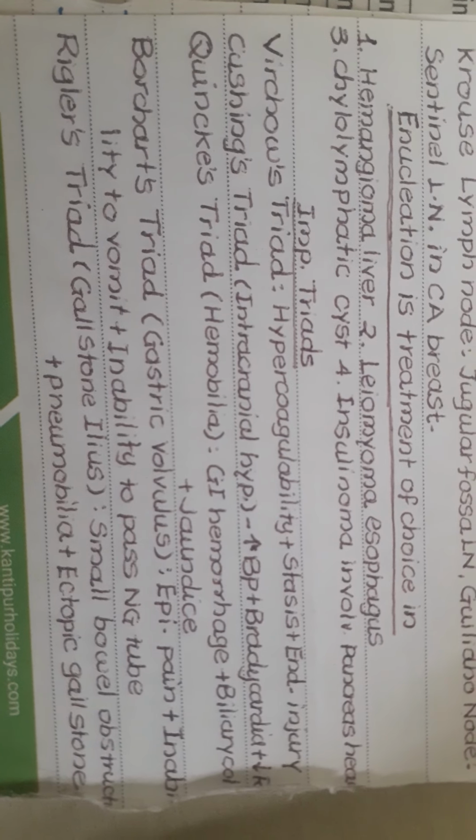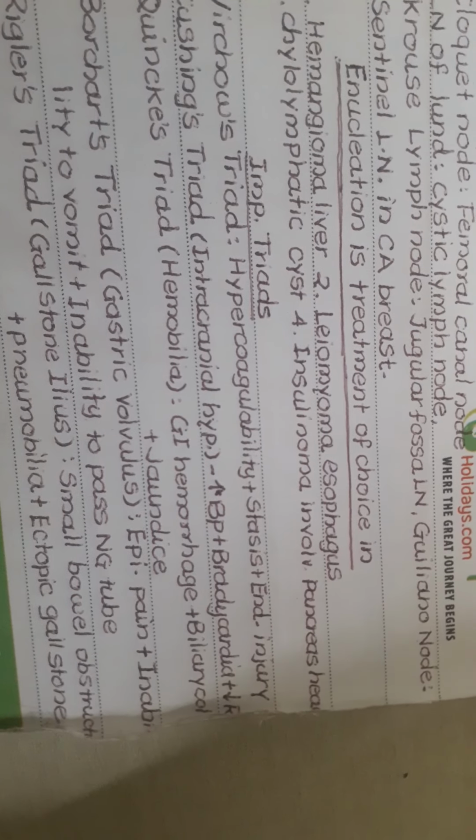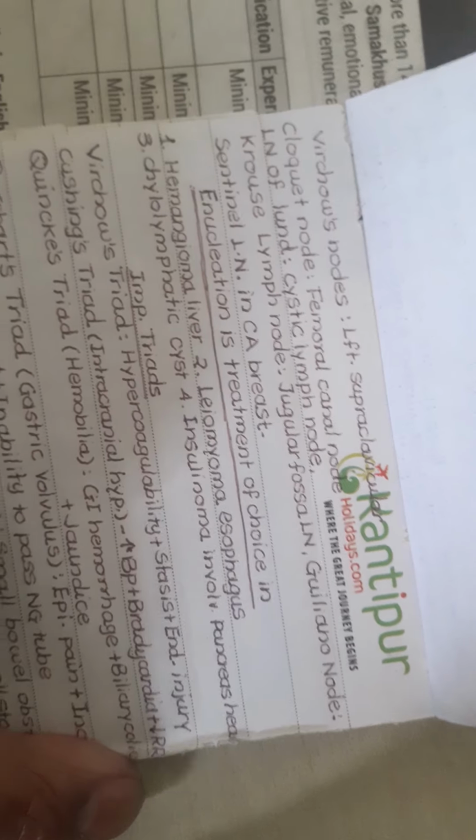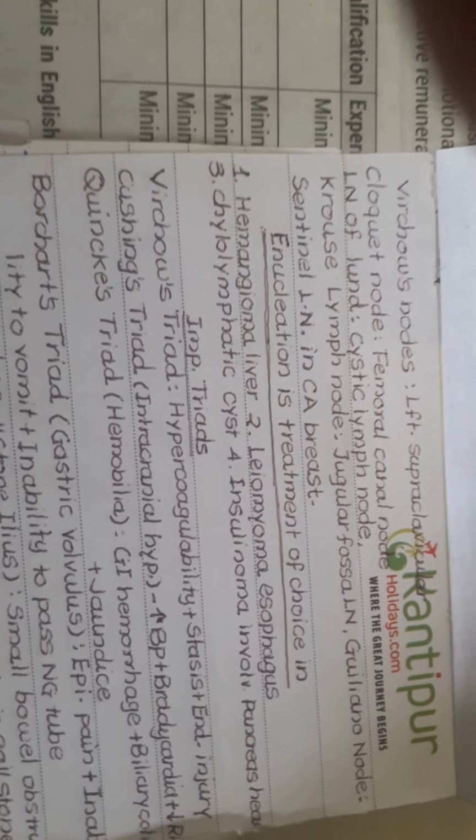Important triads. Virchow's triad is hypercoagulability plus stasis plus endothelial injury. Cushing's triad: intracranial pressure high, increased BP, bradycardia, and decreased respiratory rate.